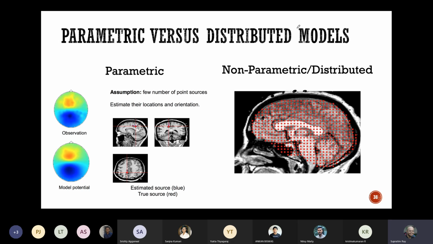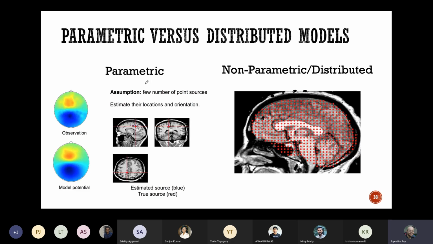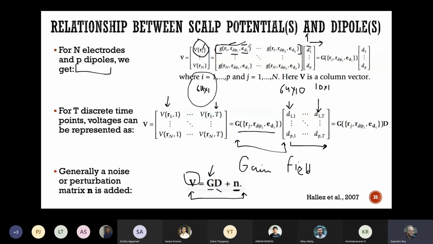Okay, so in a non-parametric system, what do I do? I create a head model. I create a source model, which basically tells you where and how many of these sources are located. I need to provide information about the electrode locations, where those 64 electrodes are. This is my source model.